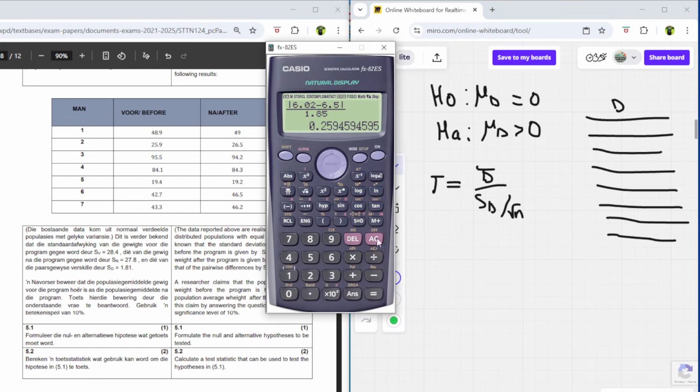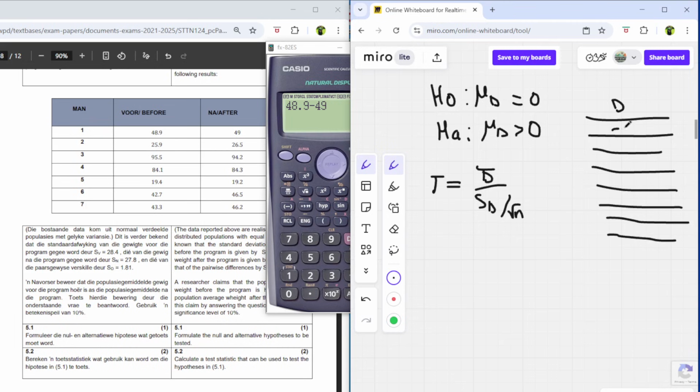Now we're going to start by finding the differences. 48.9 minus 49, that is minus 0.1.